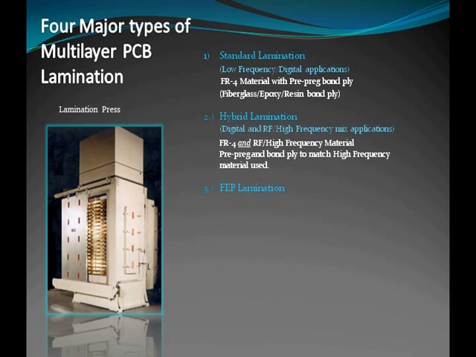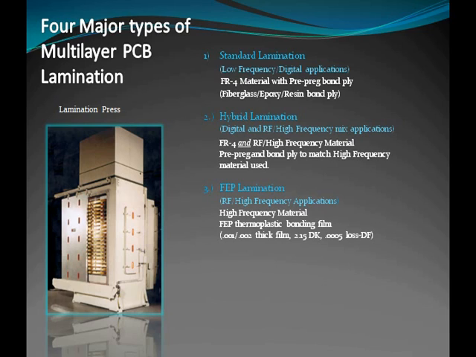The third type of lamination is FEP lamination. FEP is a very thin, 1 to 2 mil thick thermoplastic bond ply. It is always used in RF and very high performance applications. It is only used between high performance materials that match its properties.